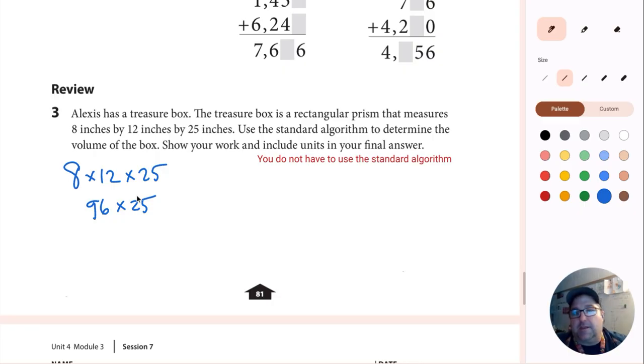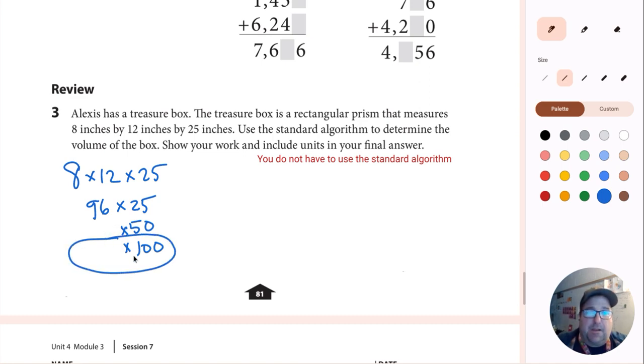So we've talked in class, this 25, if I double it, that makes it 50. And if I double that, that makes it 100. So now I just have to cut 96 in half and do it one more time. If I cut 96 in half twice, then I'm just going to multiply something by 100. So if you want to do it that route, feel free. Or if you'd rather, you could do 96 times 25 with the standard algorithm. I'll let you pick what you want to do for that one.